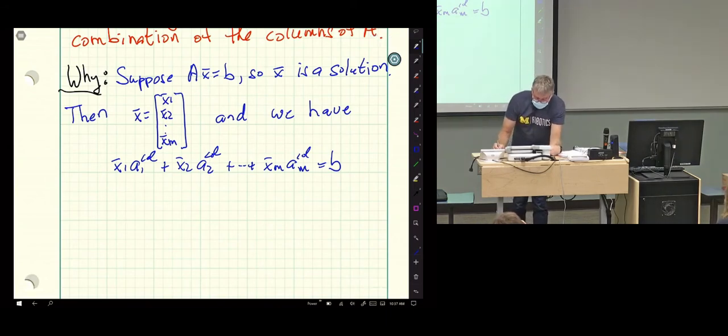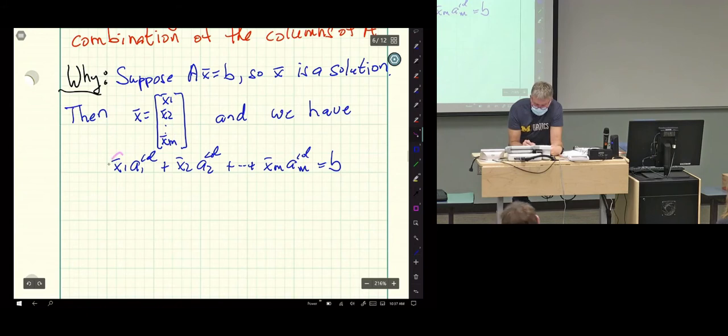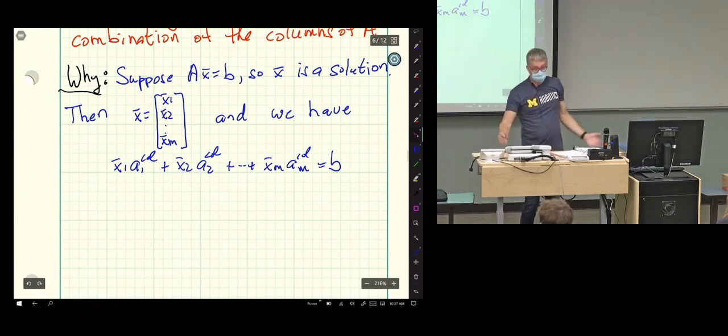So if we have a solution, these are just numbers, giving a linear combination equal to B.